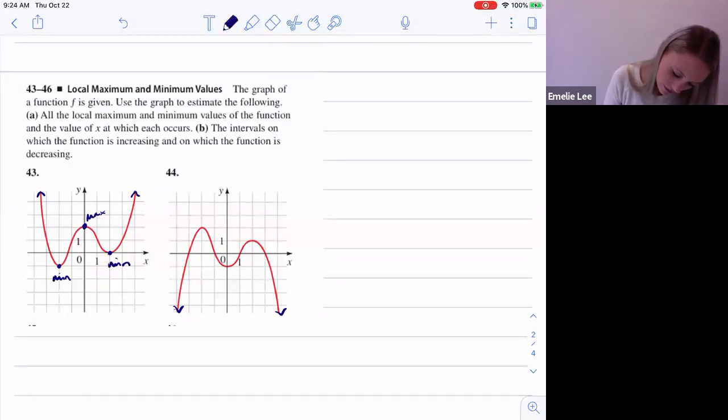So here for this maximum, this is at 0, so x equals 0, and I would assume y equals 2, since this is 1, and then I've gone up another one, so 2.